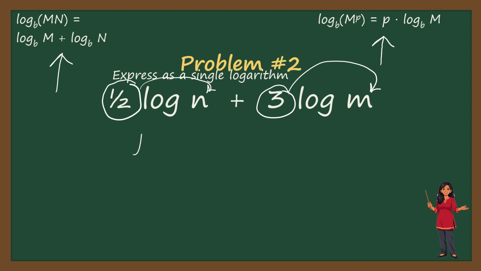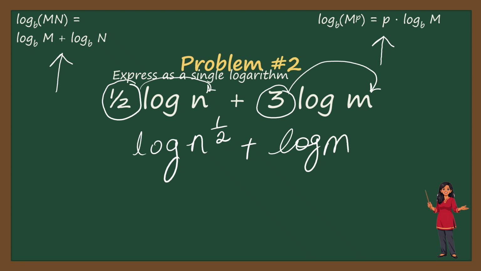So we're going to rewrite that as log n to the 1/2 plus log m to the 3rd power. Okay, so what we've used is our power rule. Now we only have a plus there, so we must use the product rule, which means that we have to multiply m and n together.